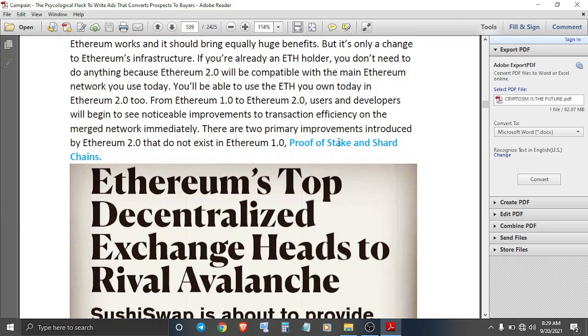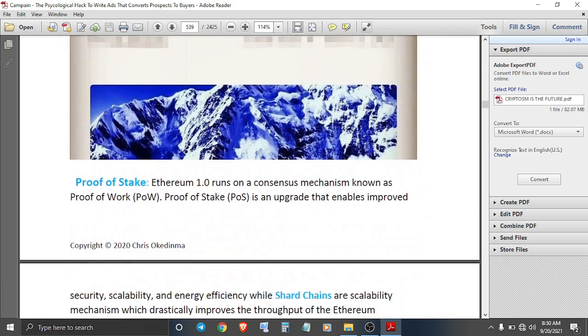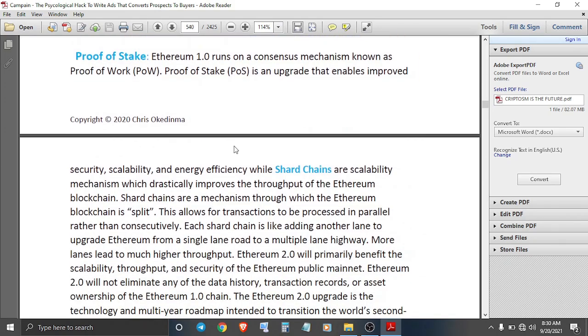Now, this proof of stake was not being used with the Ethereum network. I think the Ethereum network was using a proof of work consensus system. But when they upgraded to 2.0, they had to move to what we call the proof of stake mechanism, which we'll be diving into in a minute. Now, what is the proof of stake Ethereum 2.0 is running on right now?